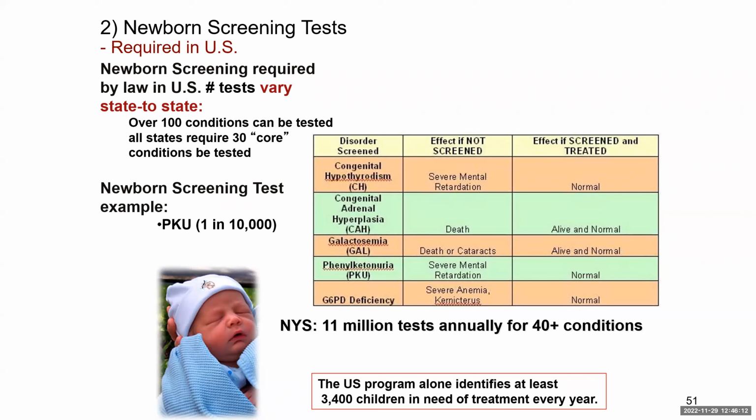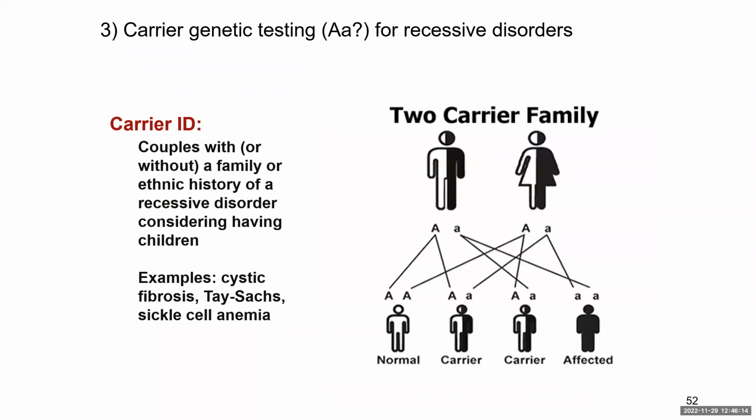What about if you're a carrier for something? In that case, maybe you want to know, someone in your family has this disease. Do I carry it too? Classic examples are things like cystic fibrosis, Tay-Sachs, sickle cell anemia, and Huntington's. But this brings up the question of, what if I am a carrier? Who do I have to tell?